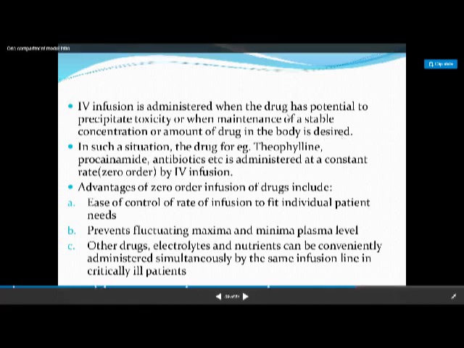In such situations, drugs like theophylline, procainamide and antibiotics are administered at a constant rate, and therefore this process follows a zero order process.